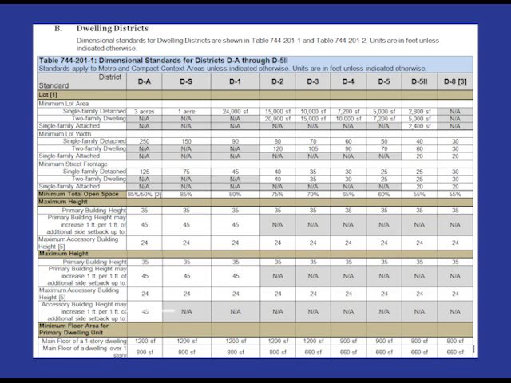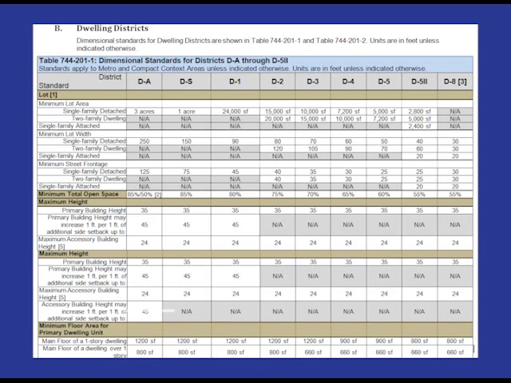You'll also see on this table the maximum height. This tells you how tall the primary building can be, how tall it can be if you have additional setback from the side yard. It also shows you the maximum height for an accessory building.